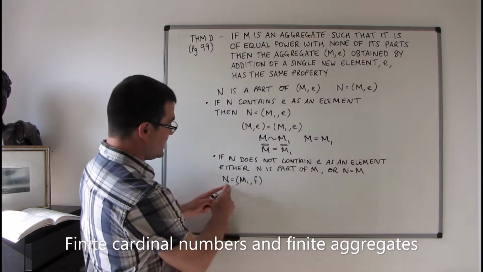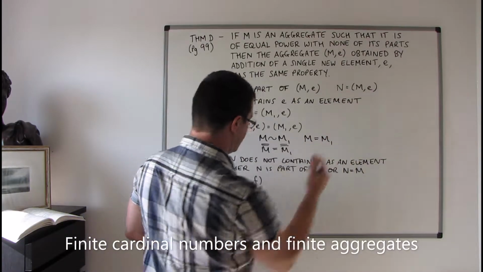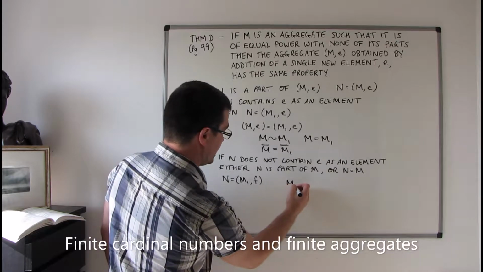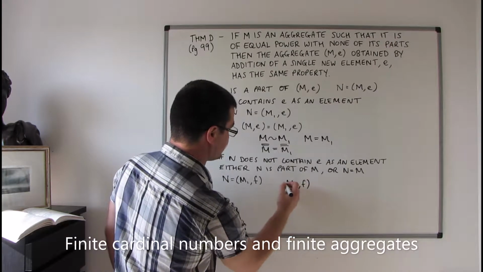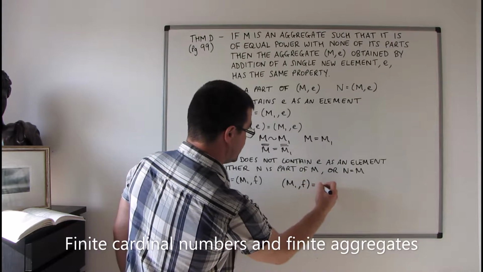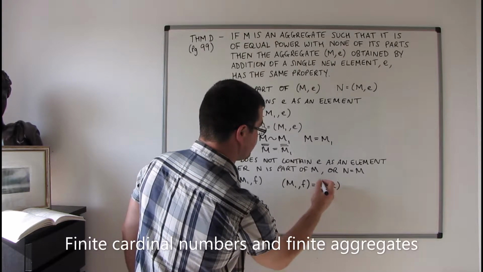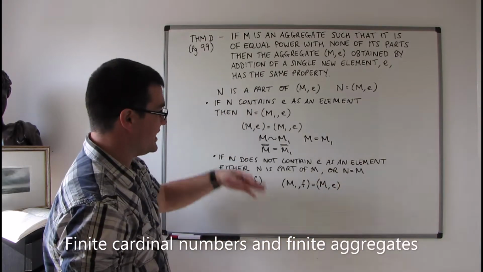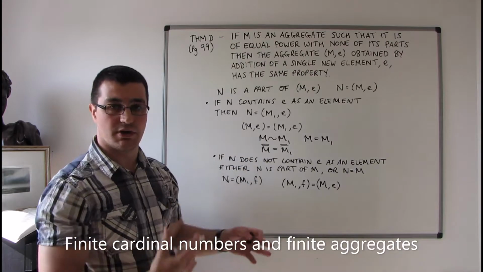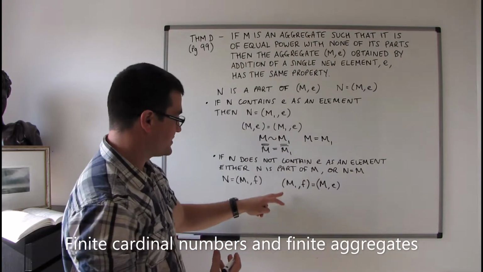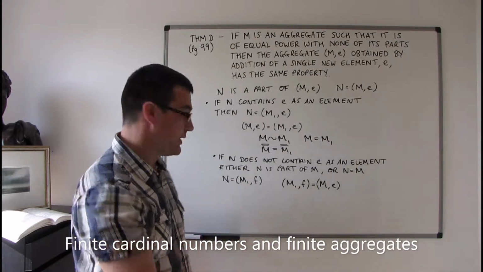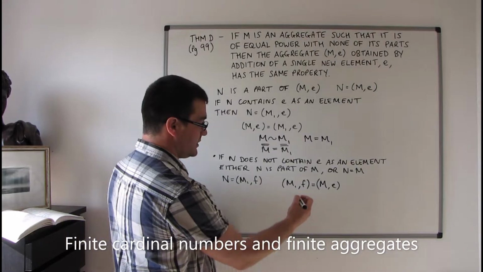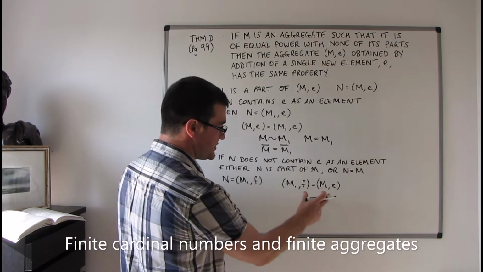So again, we've got N equals this and N equals this, so therefore M1 F must be equal to ME. And just like we did before, we can find a one-to-one correspondence between these two, because with them being equal, they're also equivalent.